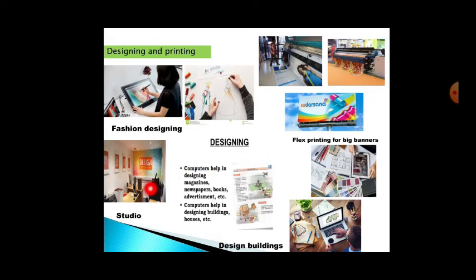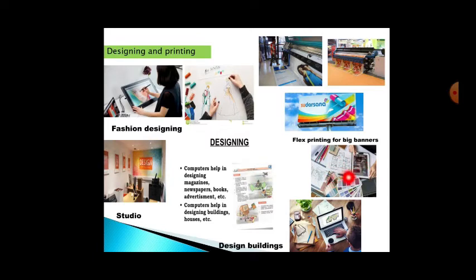Next is the design studio, or you can just call it a photo studio. Wherever you go, it is all computerized. Now you get the photos immediately. In 5 minutes you get all the photos, because it is all computerized now. Next is design buildings. While designing buildings also, there is no need to write it manually, which takes a lot of time.